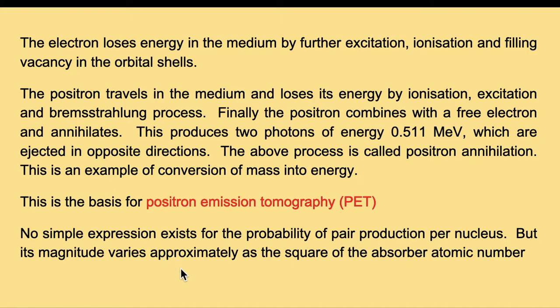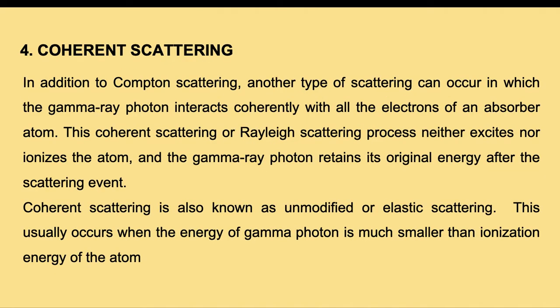And no simple expression exists for the probability of pair production per nucleus, but its magnitude varies approximately as the square of the absorber atomic number. So here also you can see that when the atomic number increases, the possibility of pair production increases.